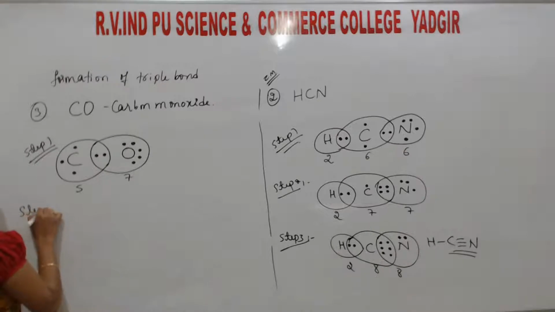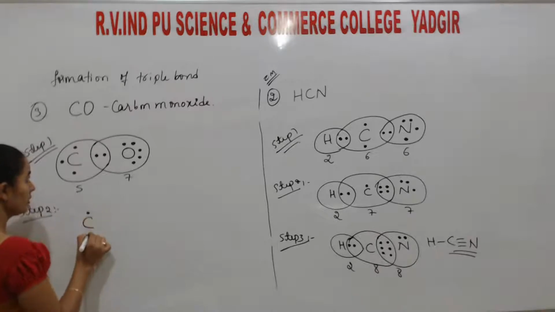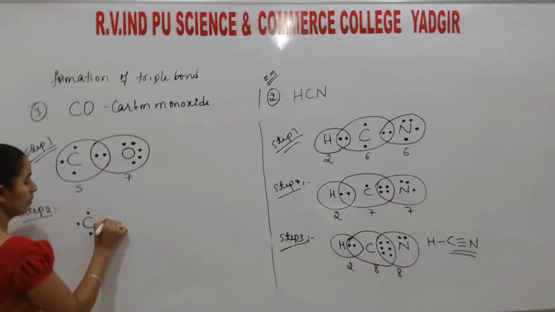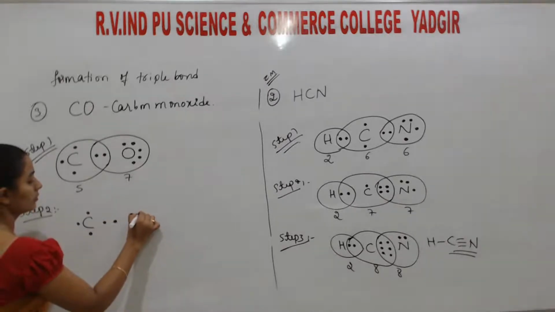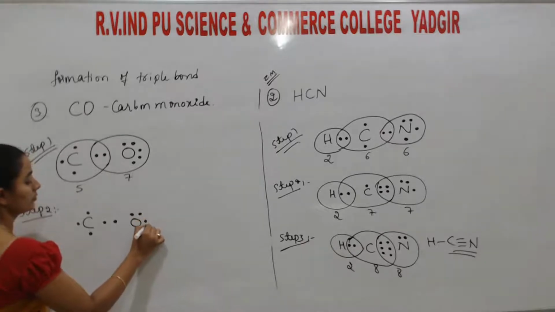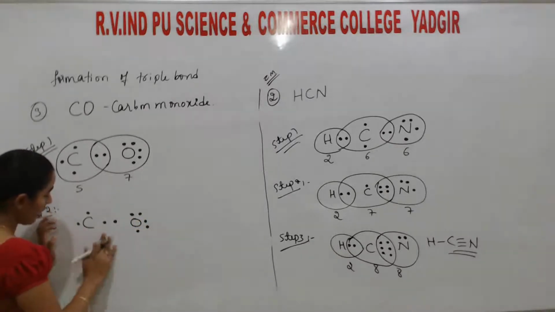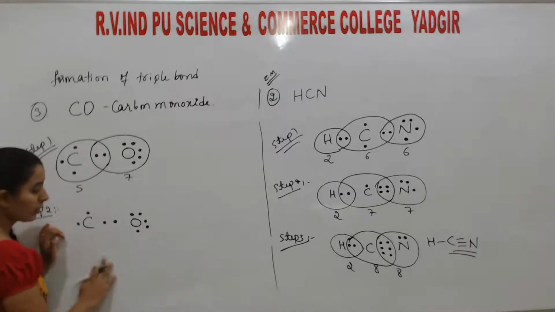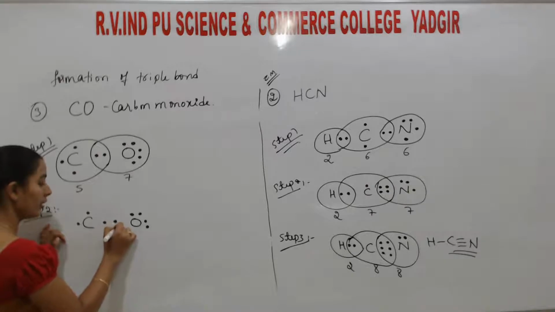Later I will explain. Next is step 2, formation of a double bond. Now, 1, 2, 3, 4, 5, oxygen. So students, 1 electron of this carbon and 1 electron of this oxygen again form a bond here.